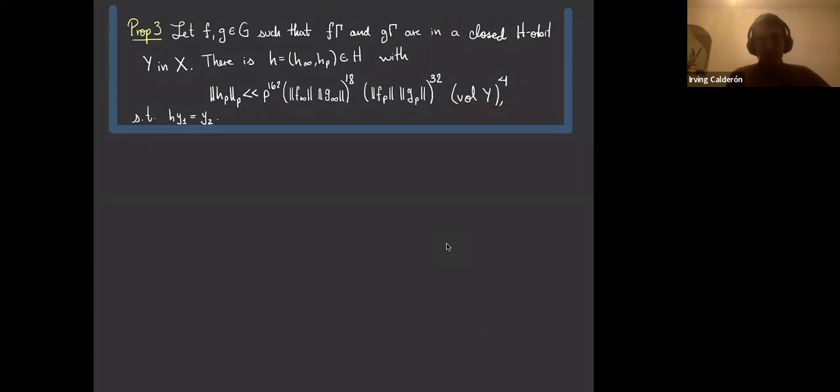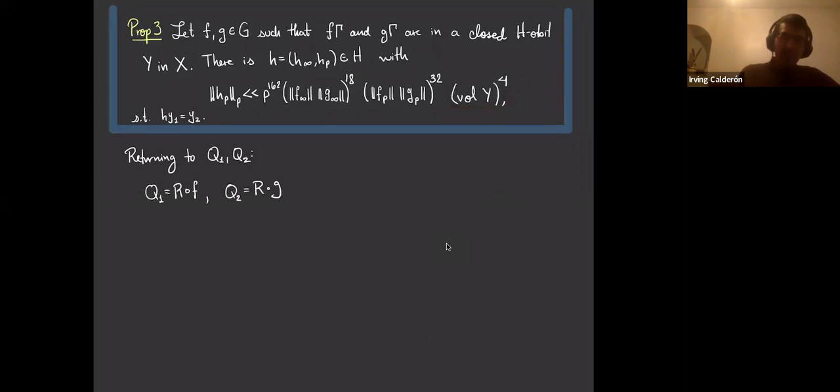So now that we have an answer to our dynamical problem, we go back to the original arithmetic setting. Remember that we had our two quadratic forms, Q1 and Q2, and F and G were matrices taking R to Q1 and R to Q2.